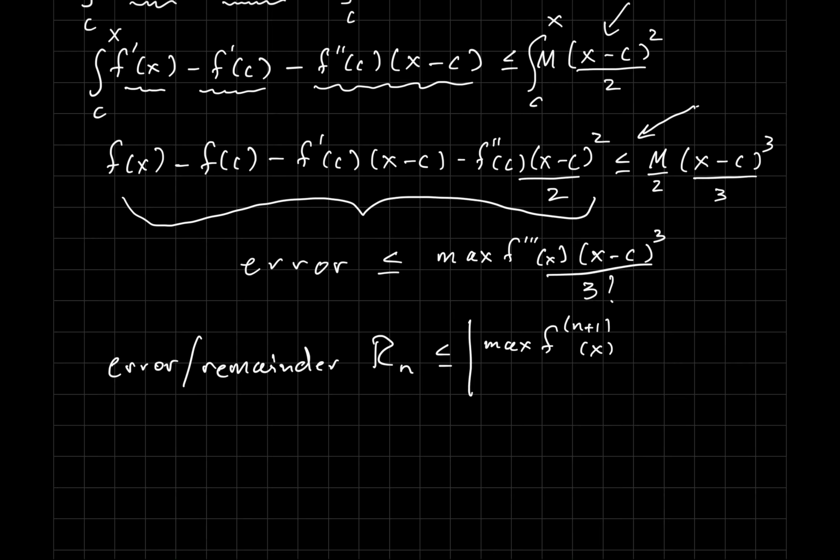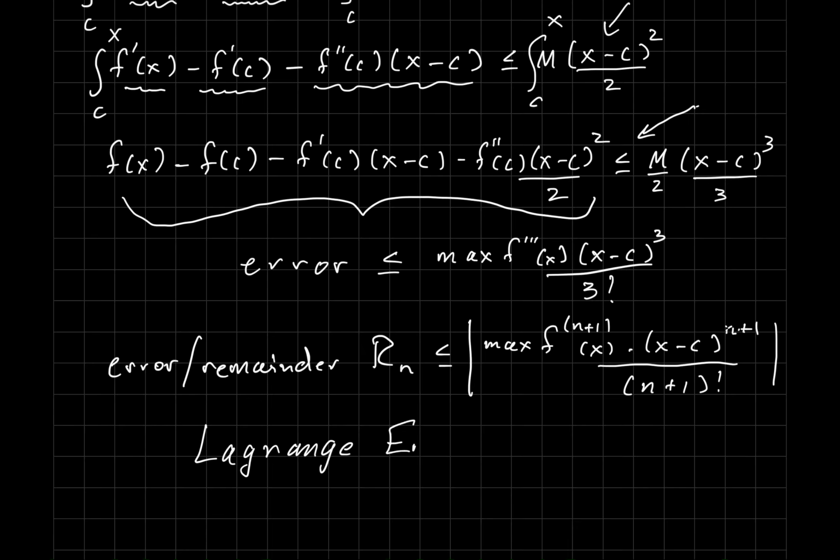I'll just leave it as x. Times what? Well, times x minus c to the first left off power, over that factorial. And this is called the Lagrange Error Bound. Sometimes called the Taylor series or Taylor polynomial error.